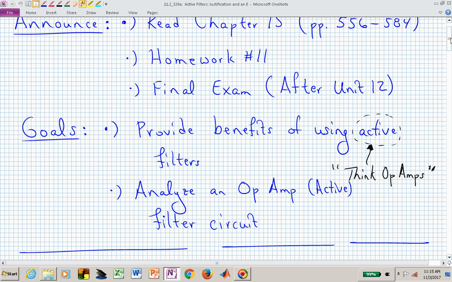And when you see active, you might just be thinking, oh, we have some powered device that is helping us create these filters. And in this class, those powered devices will be op amps.